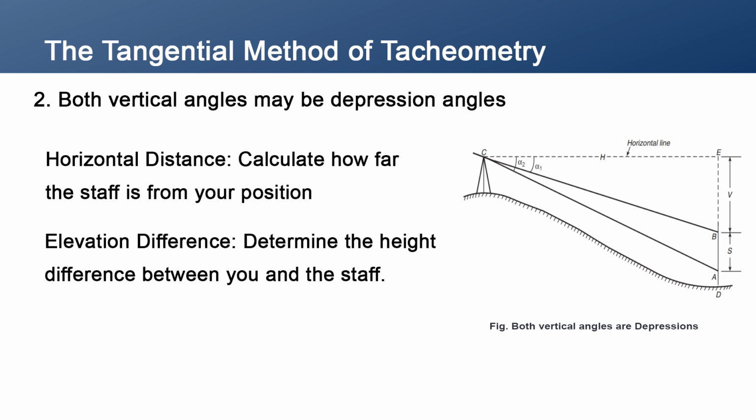This situation uses what we call depression angles, where you are looking downward instead of upward. Now, let us figure out how far the staff is from where you are standing, which we will call the horizontal distance. We are also going to figure out the height difference between where you are and where the staff is.